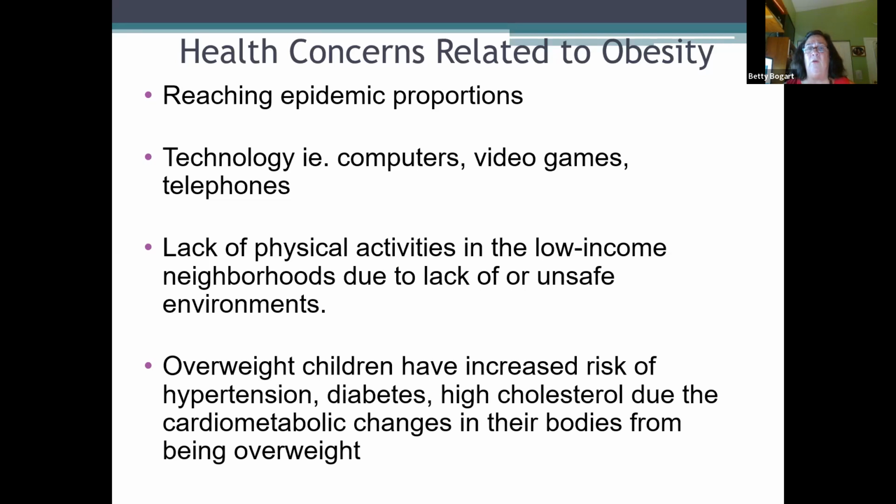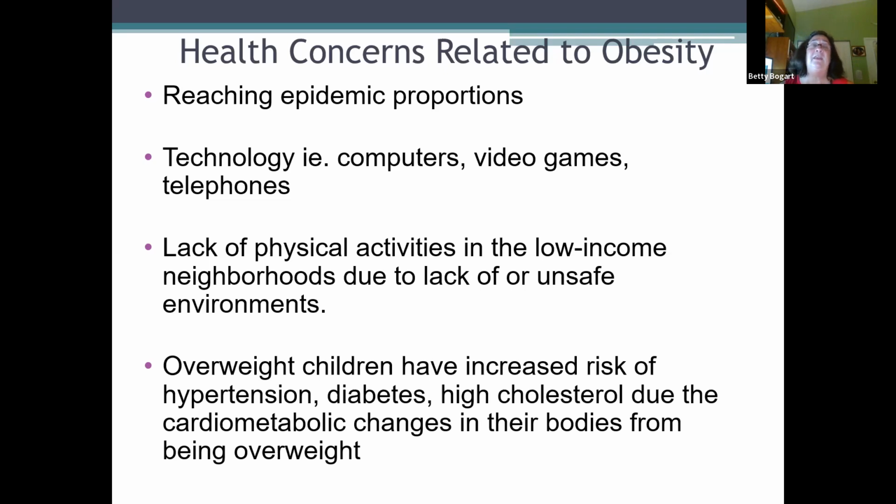But overweight children have an increased risk of high blood pressure, diabetes, and high cholesterol due to cardiometabolic changes in their body. So if you're an obese school-age child, the possibility of having these three things and more is a huge, high probability.